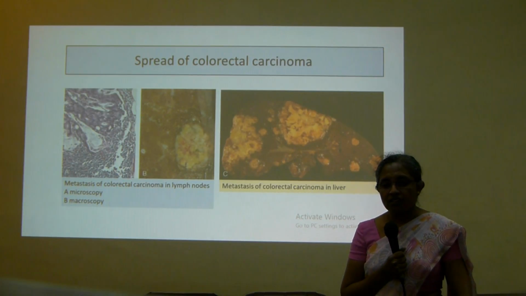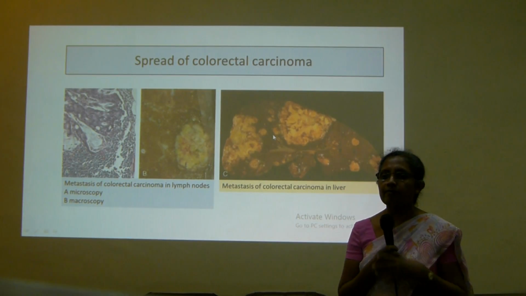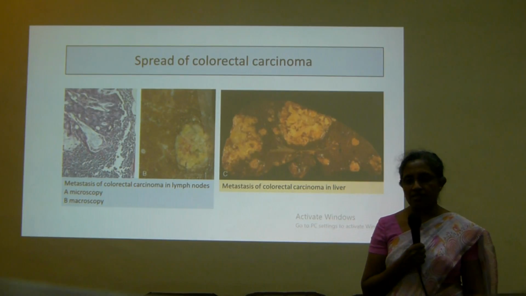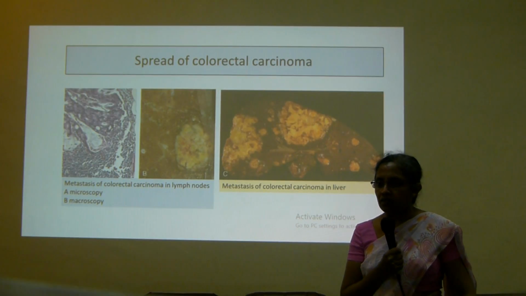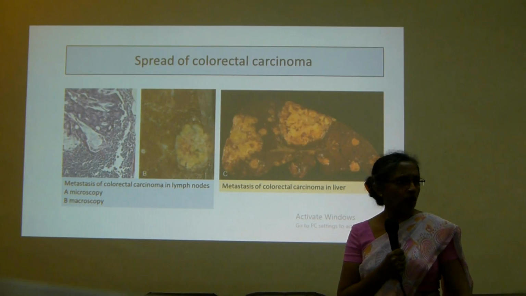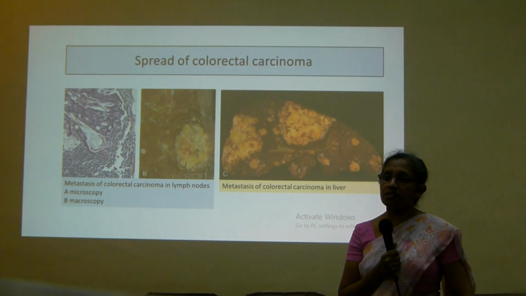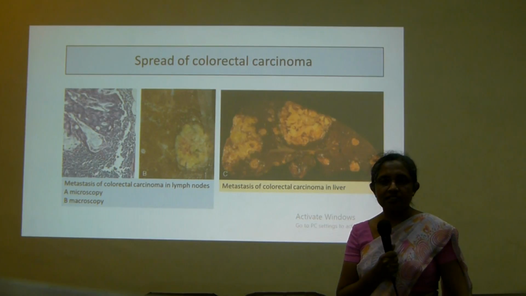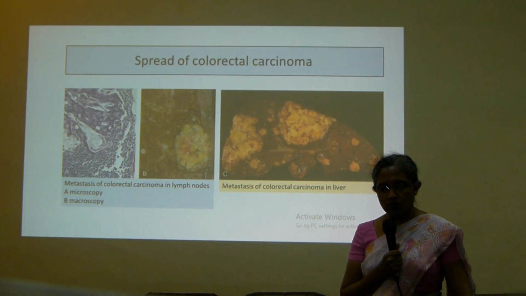He would have had these metastases, what is in yellow, these necrotic masses, multiple nodules in the liver with the colorectal metastasis. So just to summarize how colorectal carcinomas can present and the clinico-pathological features, they are generally seen in people who are more than 50 years, and there can be patients presenting at a lesser age, like in their 40s or 30s, but they are very often associated with familial adenomatous polyposis.